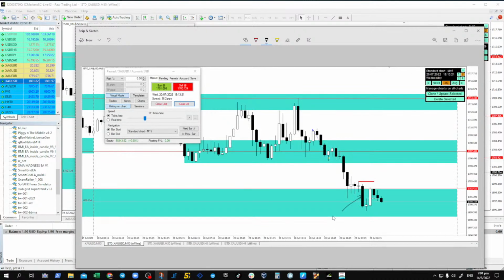So entry at 50%, and then close at session end.